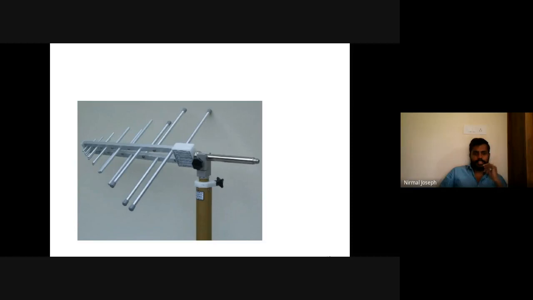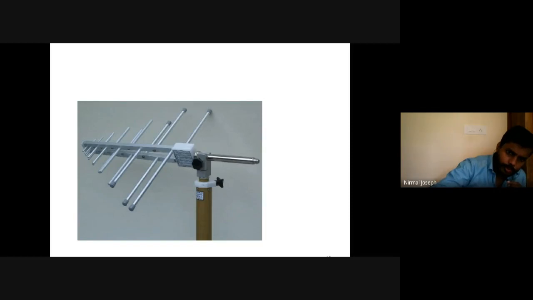You can see both the elements and the lengths are increasing, and the feed will be given at the origin, where the elements are short. Here the feed will be given, and you can see the separation. Here these two feeds are almost joined, but as it comes to this side, the separation keeps increasing, proportional to the length.